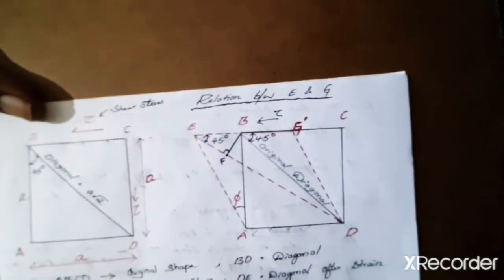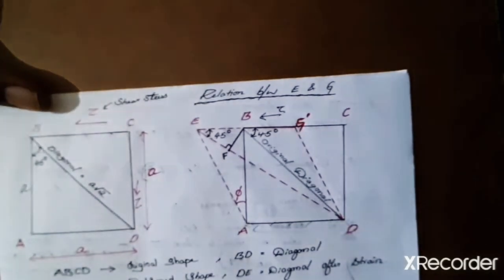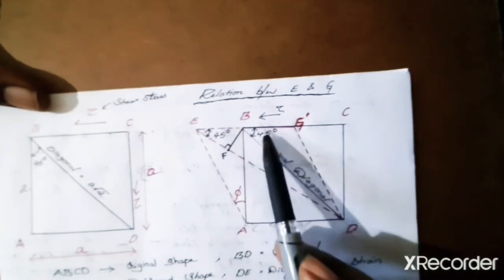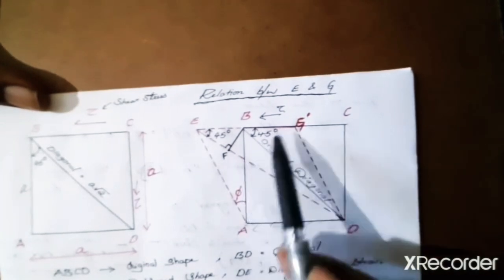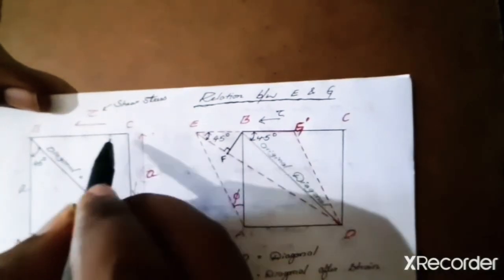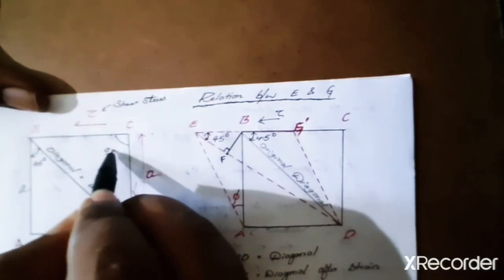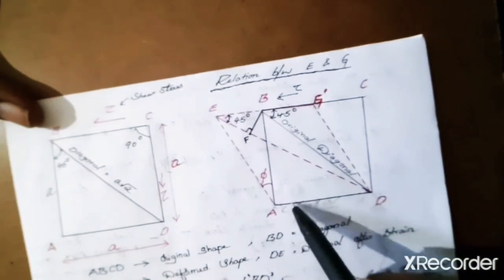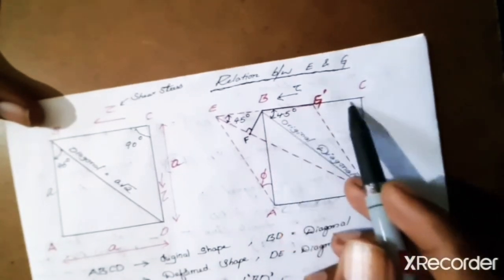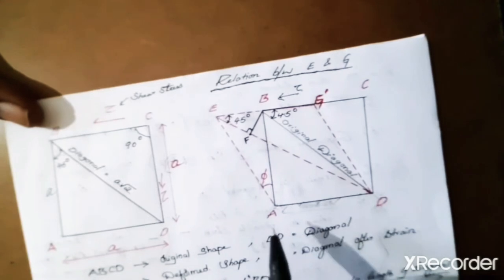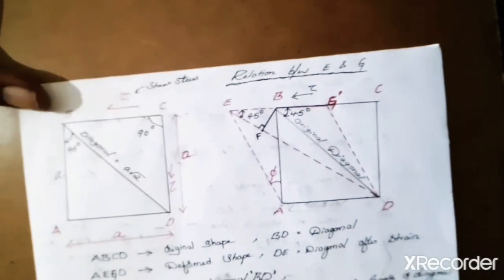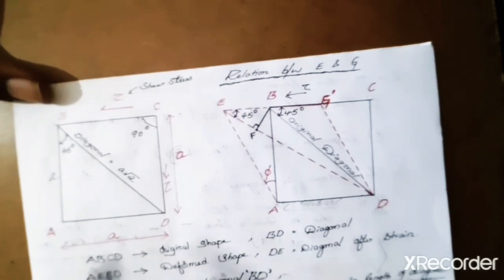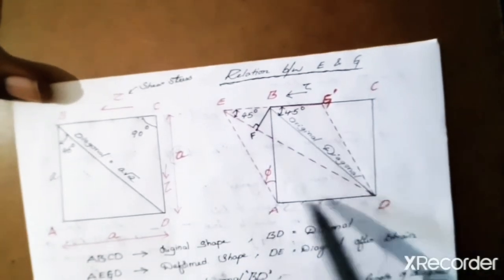Now let me remind you that the angle between each side is 90 degrees. This angle is 90, this angle is 90. But what happens to the angle between the sides after deformation of this body?